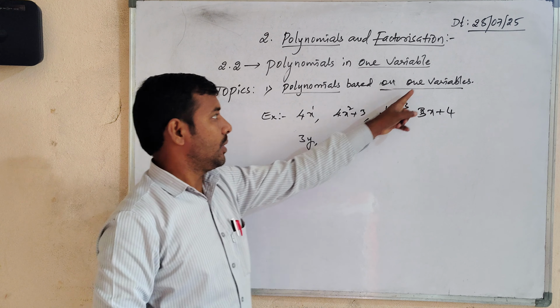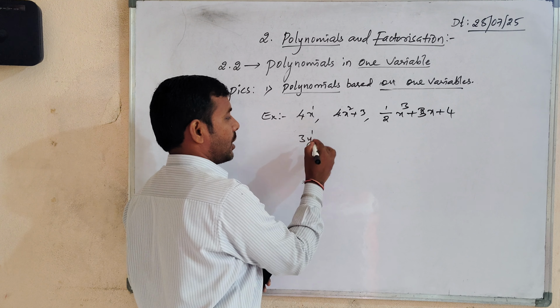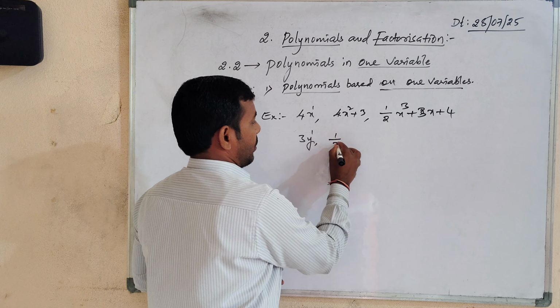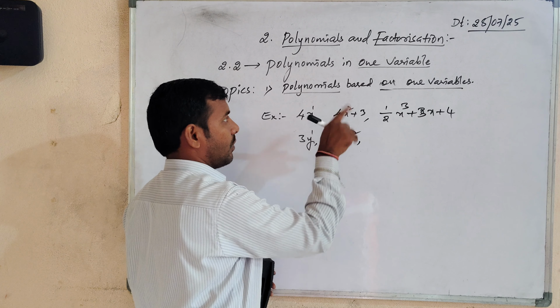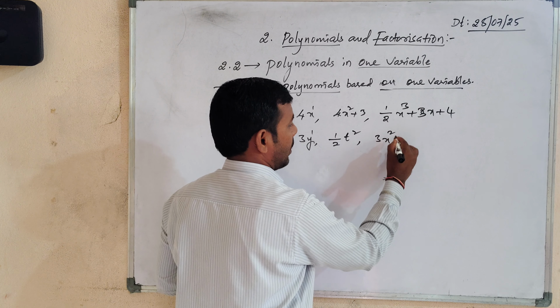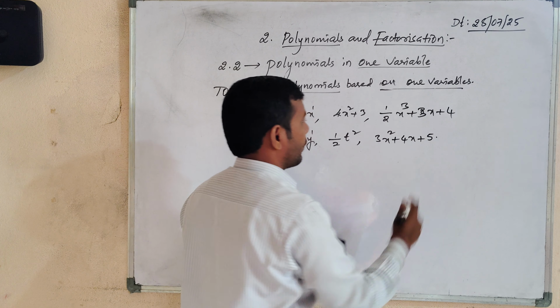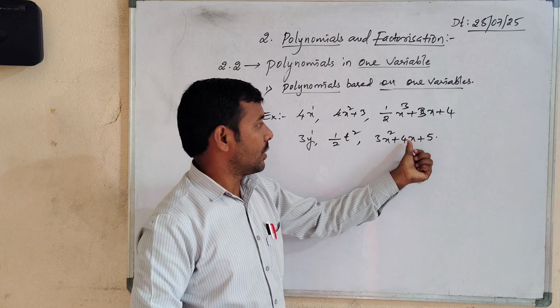Yes, variable is only one, and it is a polynomial. Why? Because its exponent of the variable is 1. Now 1 by 2 t square, polynomial in one variable. So 3x square plus 4x plus 5.